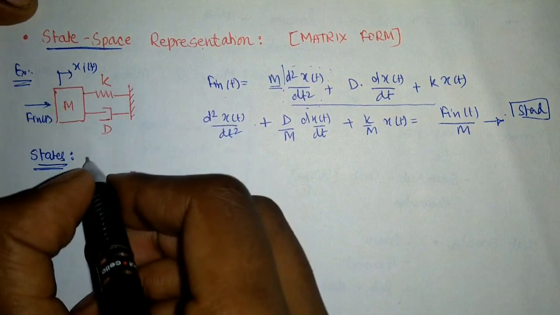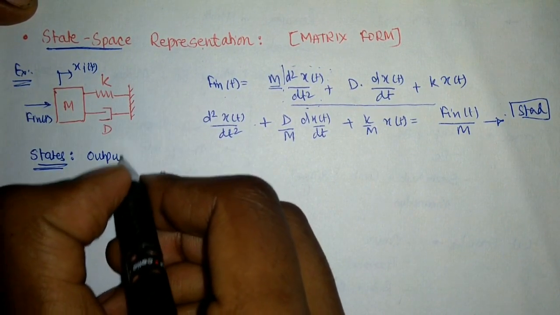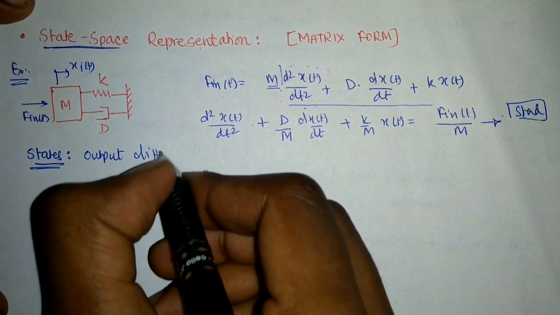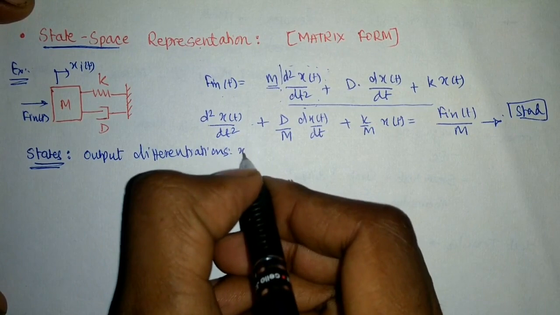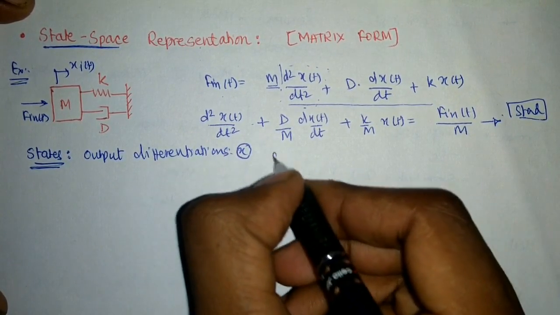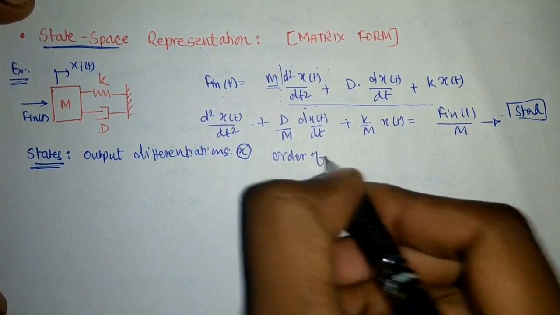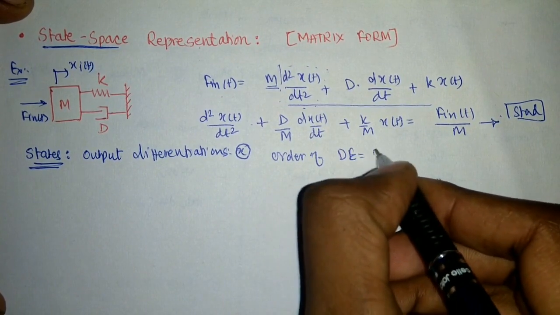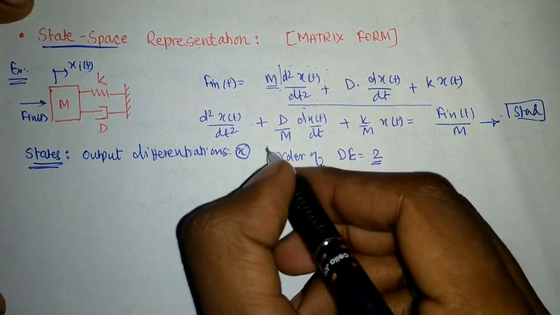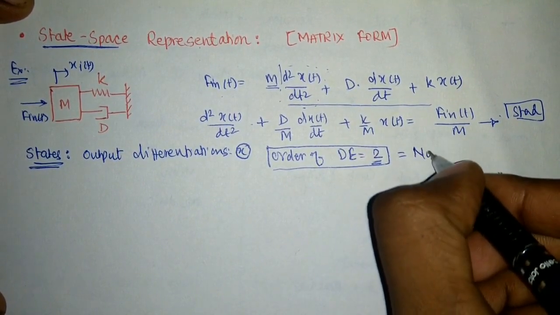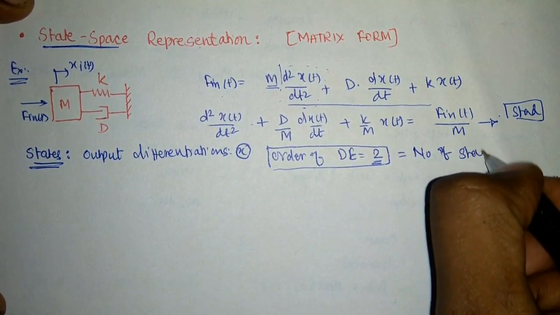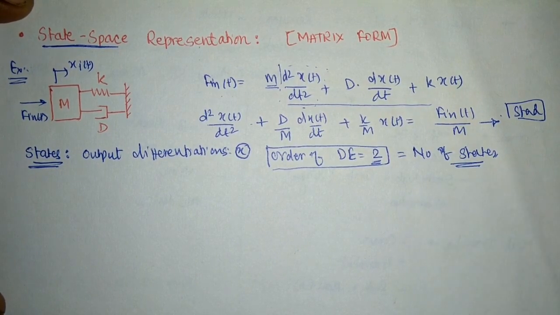So what is my output here? Output is x. What is the order of my equation? Order of the differential equation is 2. So I am going to have that many states. The order of the equation gives me the number of states. That is just for our simplicity to solve these equations.